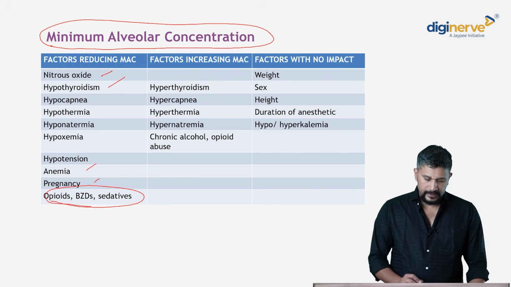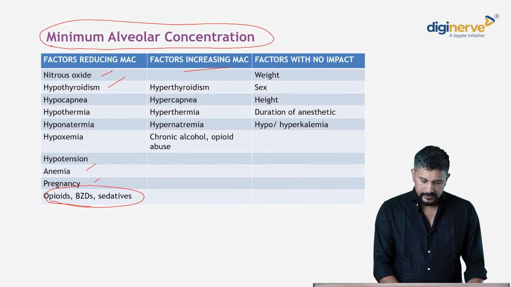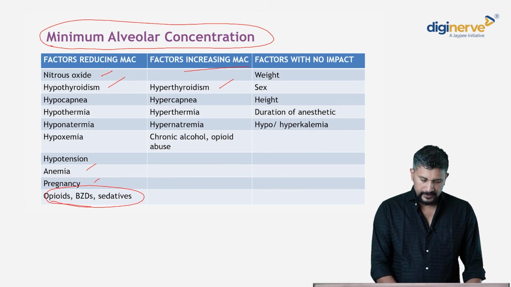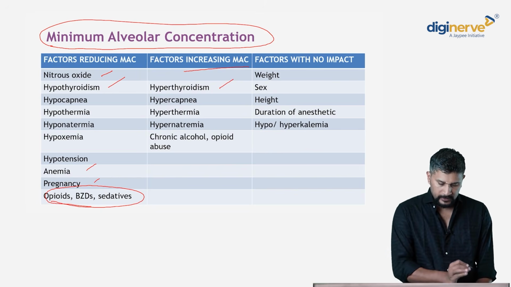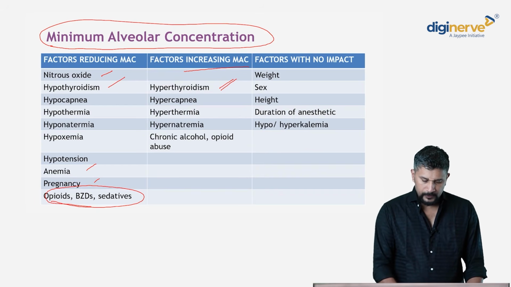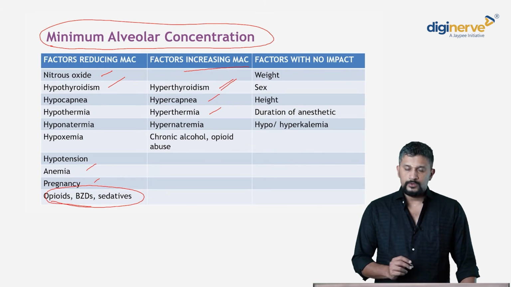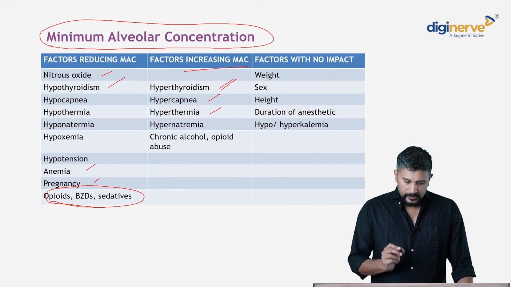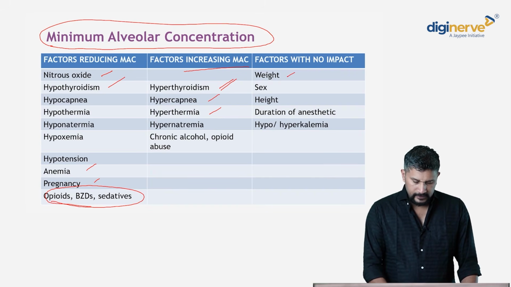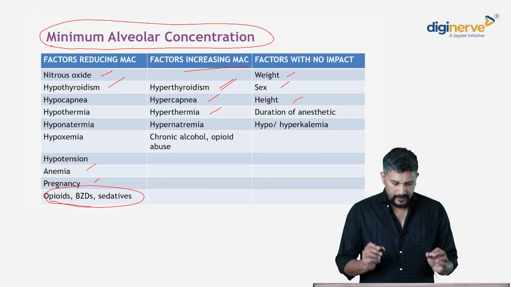Anemia and pregnancy again reduce your MAC value. Factors which increase your MAC value are hyperthyroidism, hypercapnia and hyperthermia. Important to remember here is that weight, sex and height do not have any impact on the MAC value.